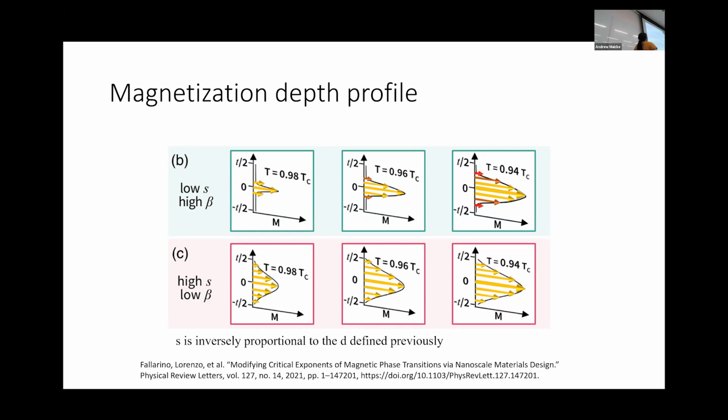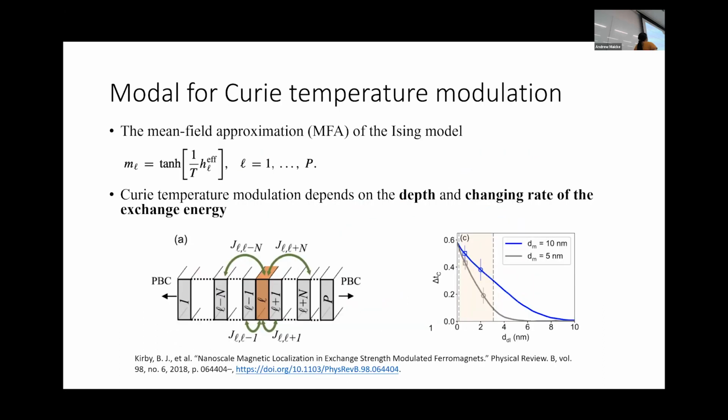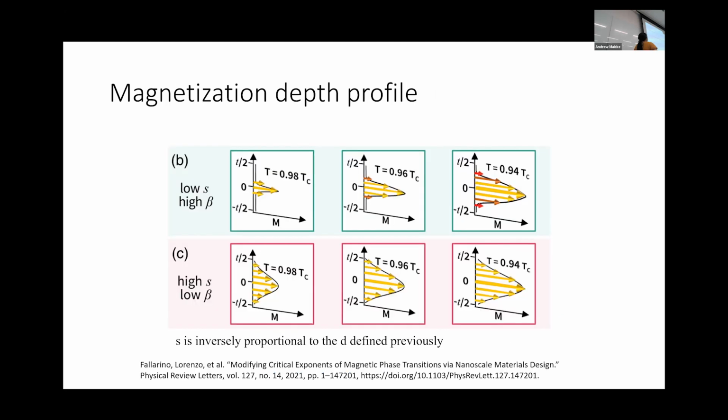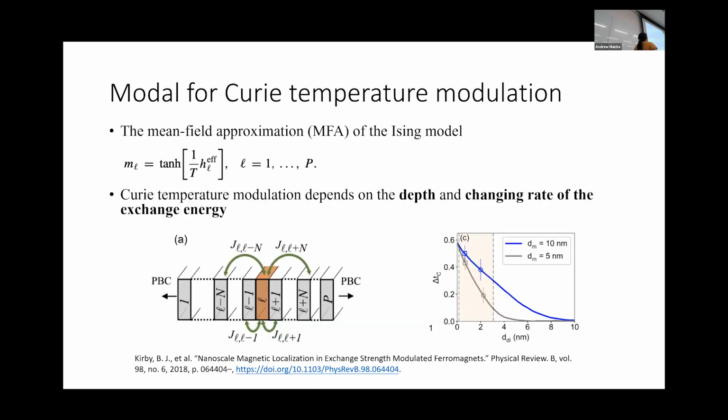This is the rate of change, the same as what was shown previously. With a larger d you have a smaller s, and you have a more obvious change, because when it's zero it is the same as our original Curie temperature.